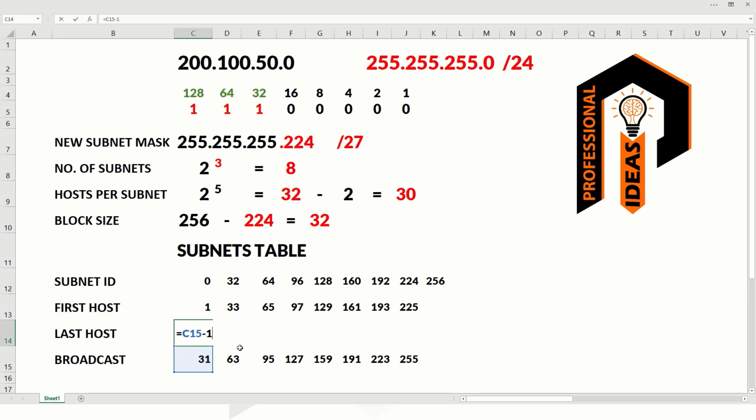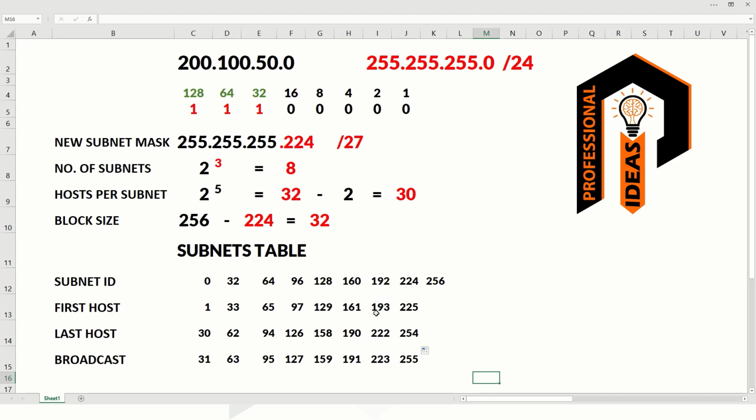So by applying the formula and expanding it, we get 30, 62, 94, 126, 158, 190, 222 and 254 as the last valid host of each subnet. Hence, we have completed subnetting up to /27.